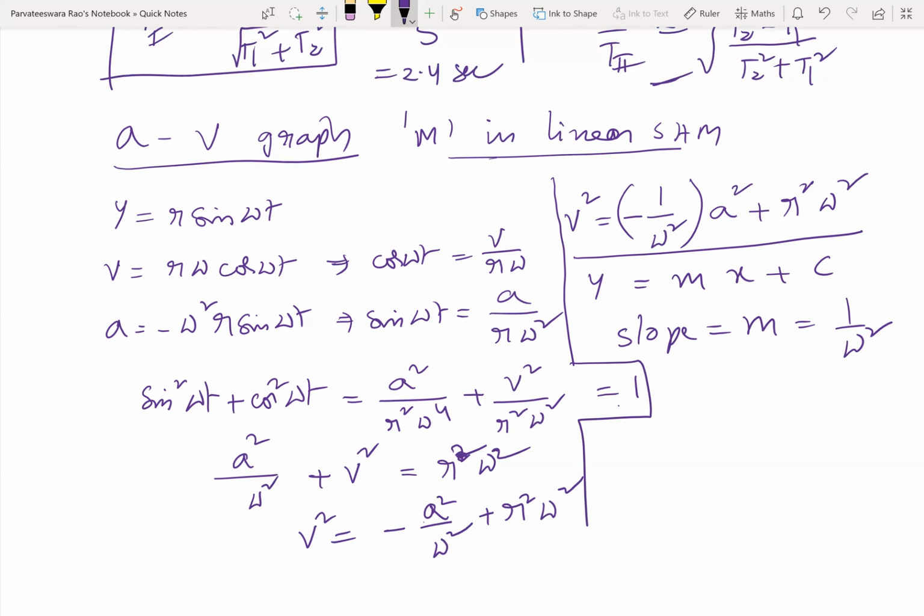Negative slope means downward. This is y, this is x. So I took V square on the y-axis and A square on the x-axis. This should be the graph. This is theta.